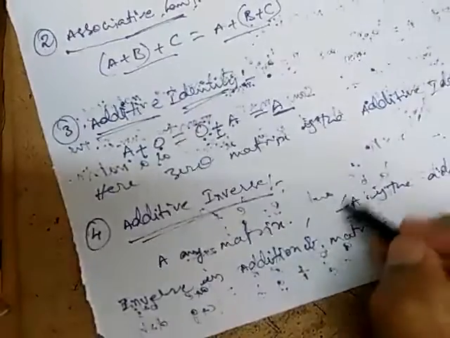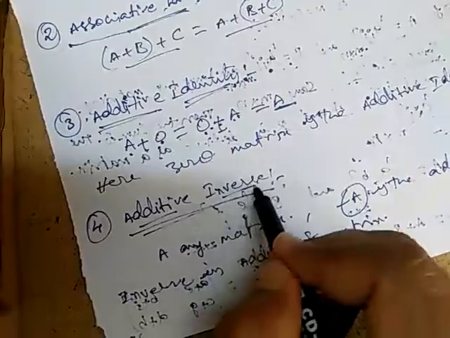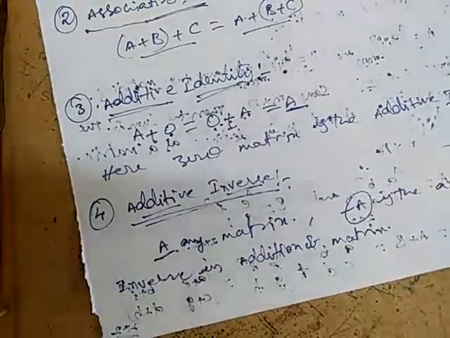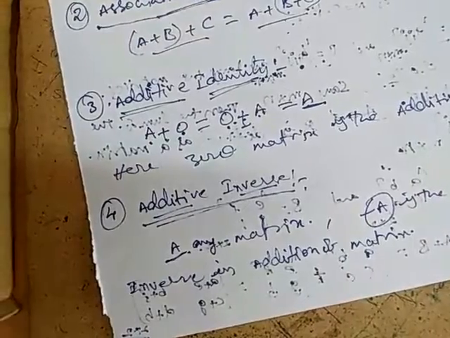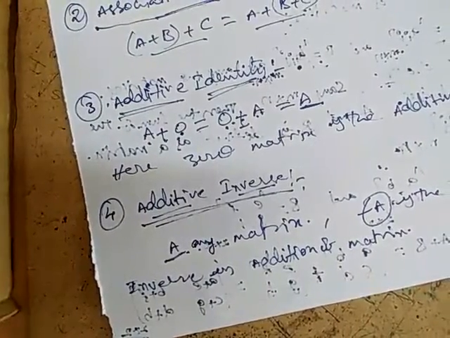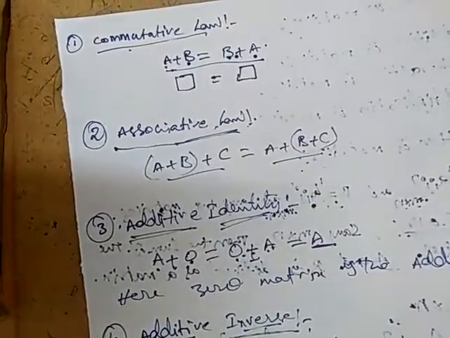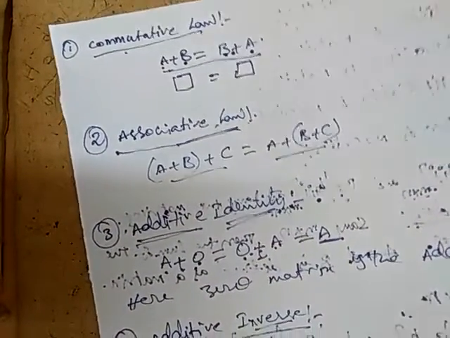So minus A is the additive inverse, or negative, of matrix A. These four properties are satisfied by the addition of matrices.